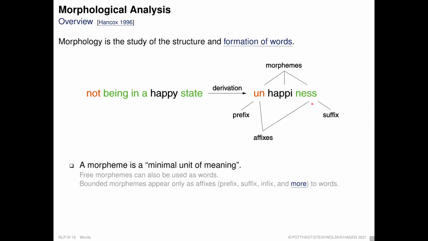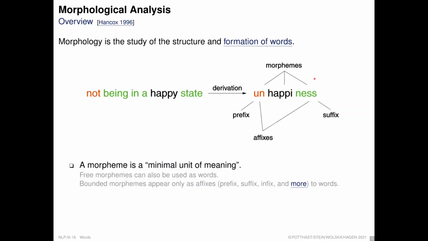So affixes are in general any parts which can be attached, so affixed to an existing base form. All of these will be called morphemes. And morpheme is this basic unit that the study of word formation is using.